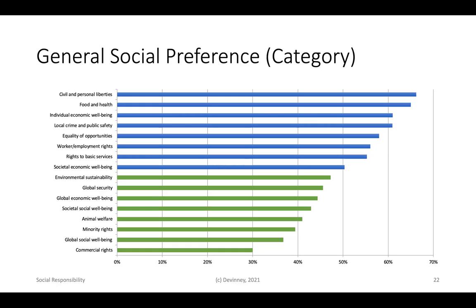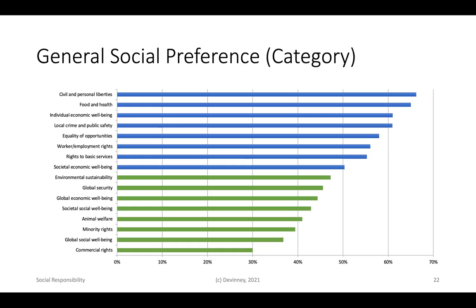Which means if they were competing against one another, you have odds of 1.5 to 1, or 65 to 45, to pick civil liberties over sustainability. But it also gives you the rank ordering.